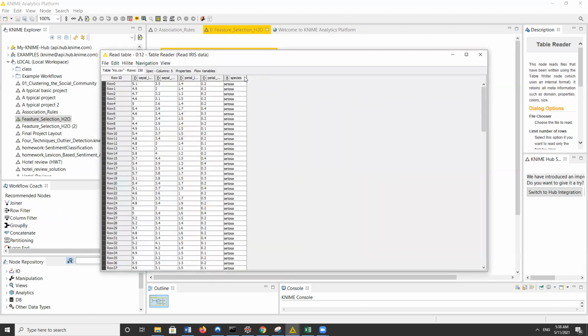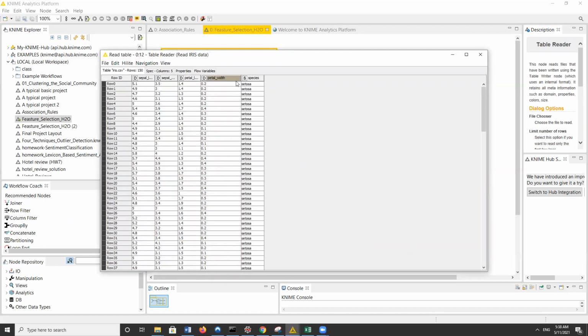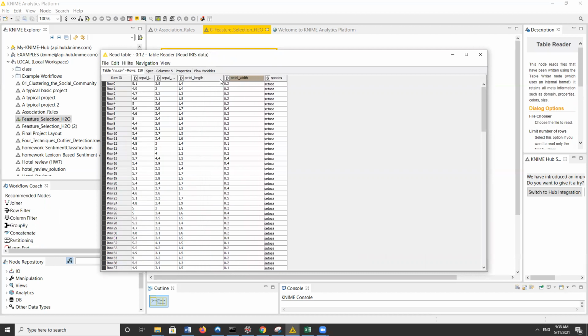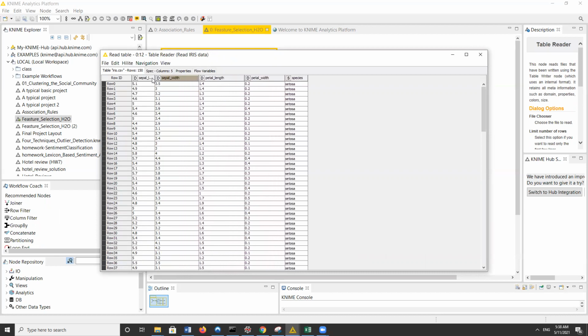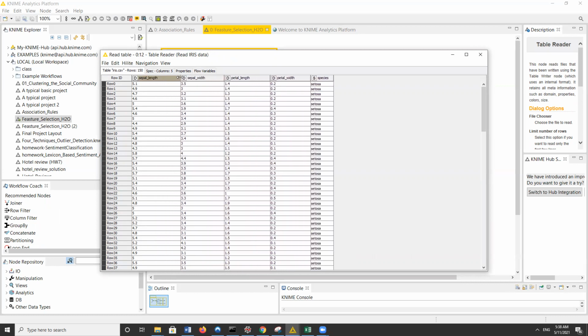It's about some plant species, and we have their width and length for different parts of the plant, and we need to predict the type of species. So just four independent variables and one dependent variable.